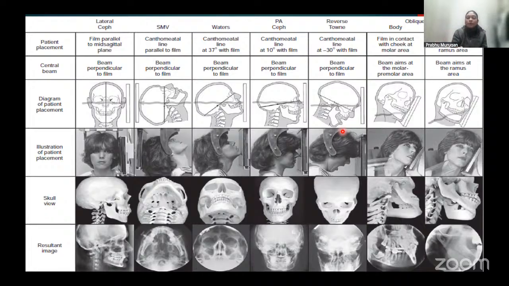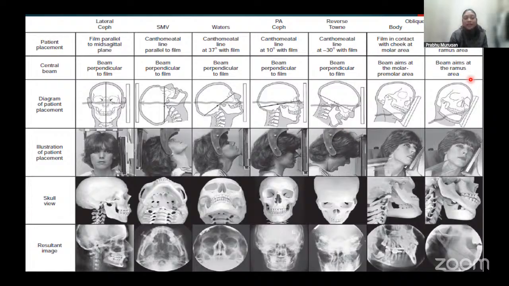For example, for your PA view we have the Granger projection and the Caldwell projection. The angulations and how it is positioned differ, because some people might say only the tip of the nose should touch the X-ray, while another person would say the tip of the nose and the forehead should touch the film. There are modified techniques, so you should be able to answer each one of them in your MCQs.